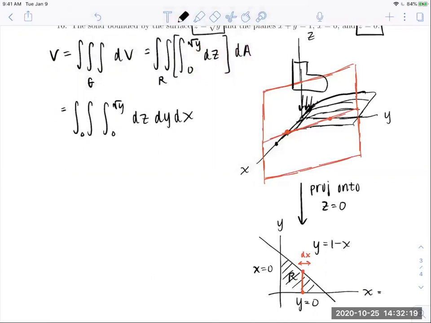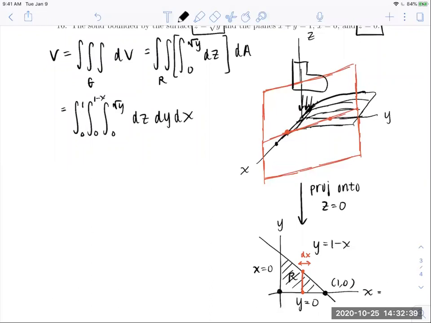X is running from 0 to 1 on the x-axis, 0 being the smallest, 1 being the largest. And then vertically, I'm running from y equals 0 up to y equals 1 minus x. All right, so I have my volume integral set up.